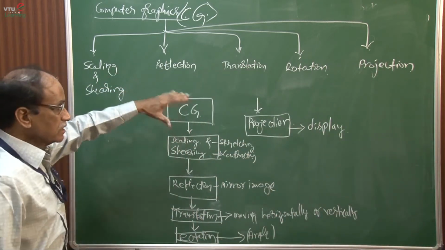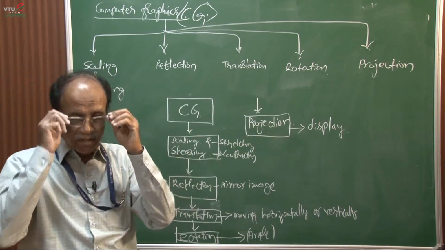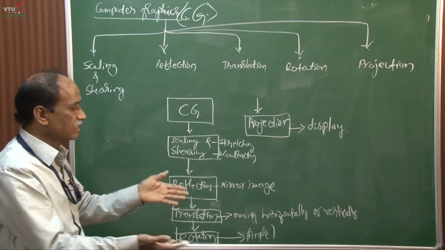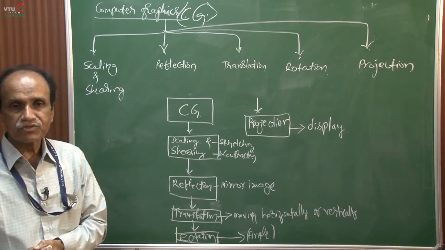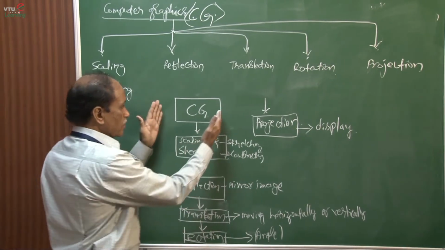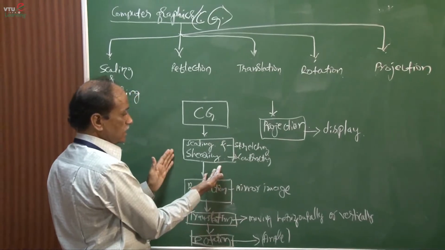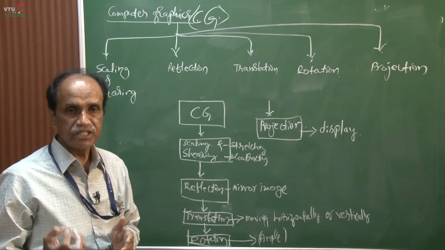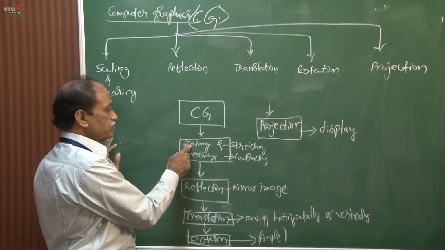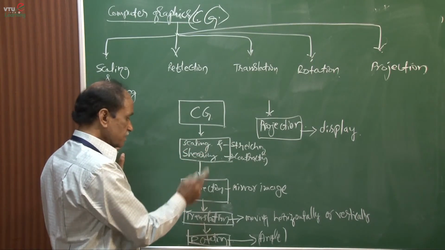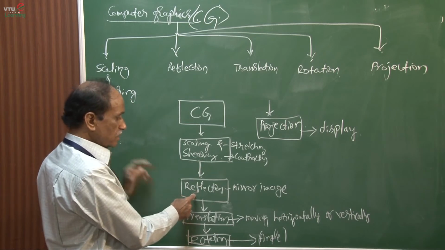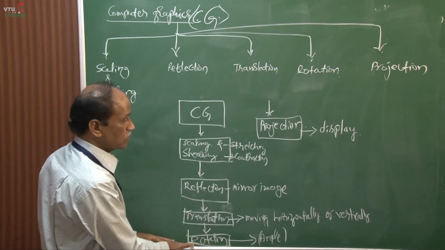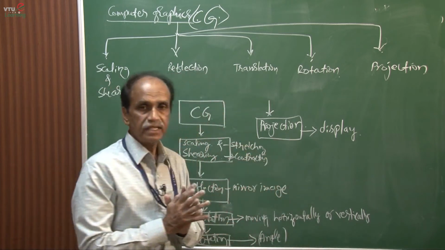So this is all regarding the theoretical, basic meaning of computer graphics. In detail, we will go for too many discussions. But once we take the scanned image, it has to be scaled, then sheared, then reflected, then translated, then rotated, and finally projected.